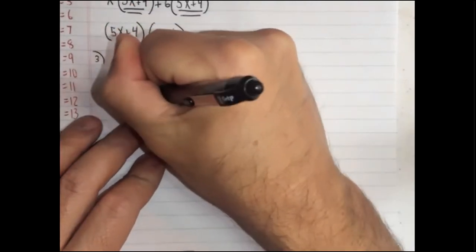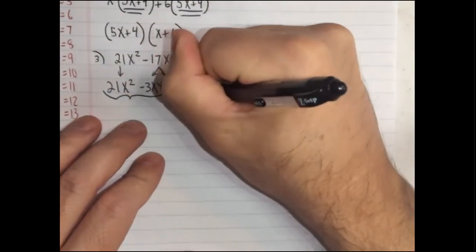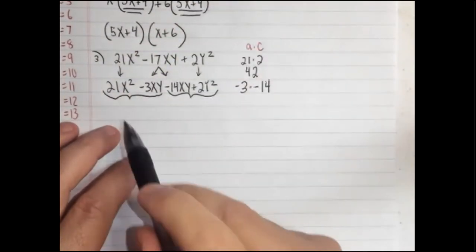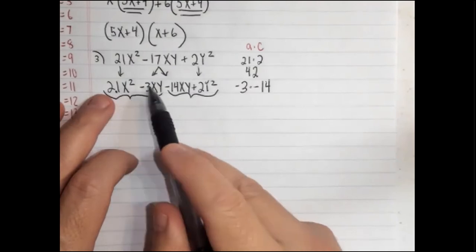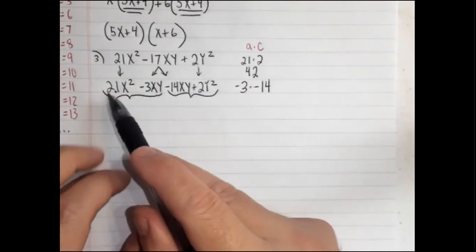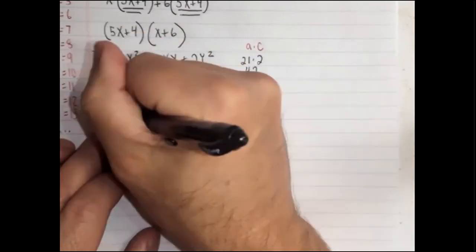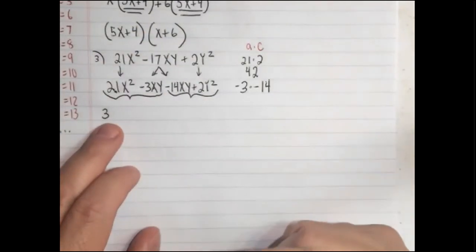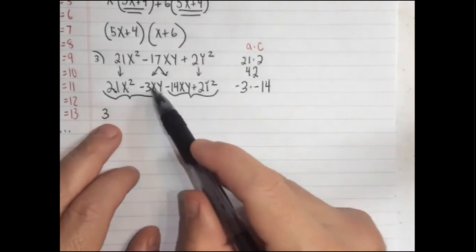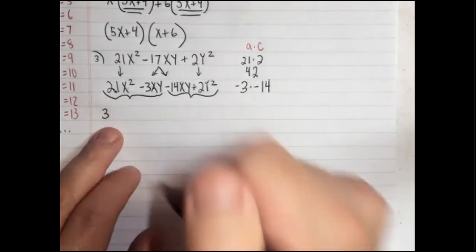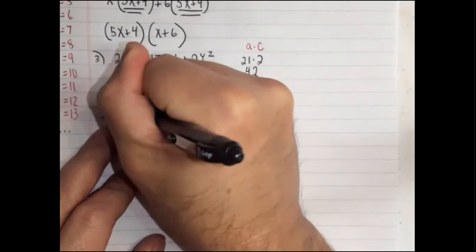we will use our grouping. Start here. We look at 21 and 3. That means they have a 3 in common that I can factor out. With that first value being positive, I'm going to factor out a positive value. They also have an x in common, so I could also factor out an x.